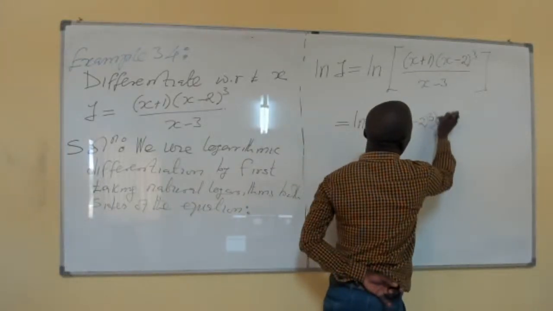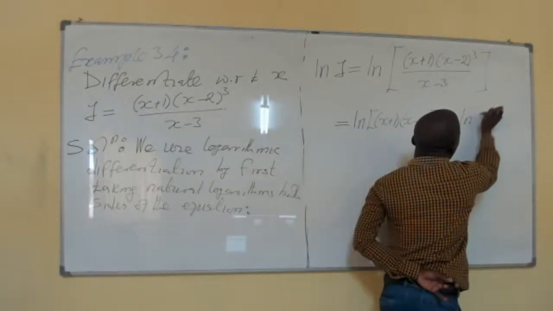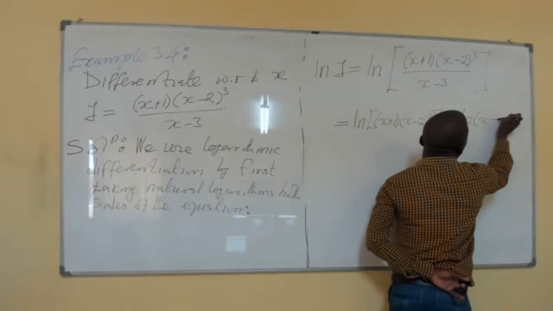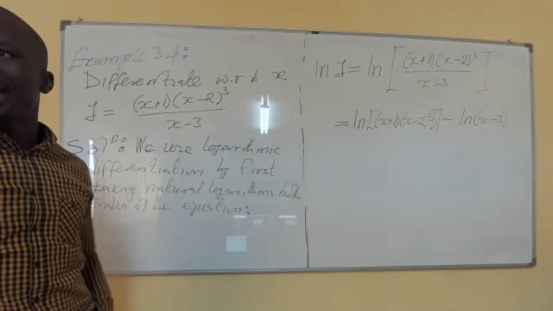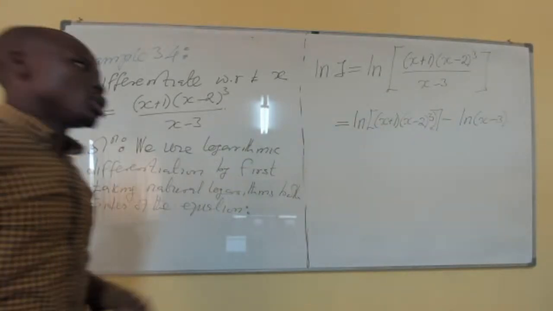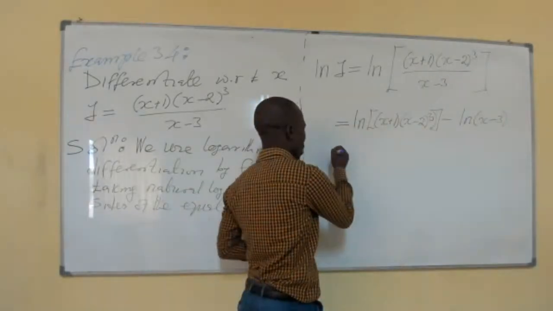So I'm using the quotient rule, minus ln of x minus 3. I'm applying the quotient rule there. Now, if you look at this part, you apply the product rule of logarithmic functions.